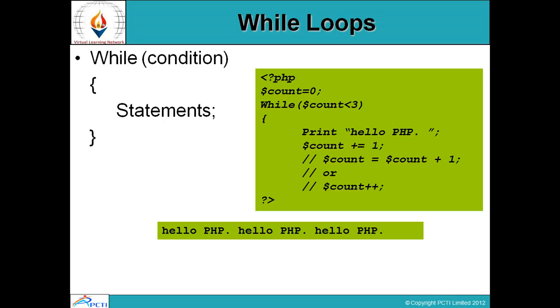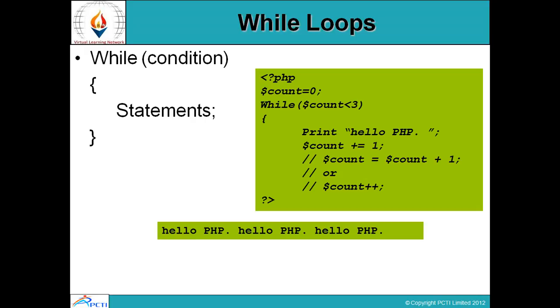Now let us learn how to use a while loop in PHP. While condition: until this condition is true, the statement will keep on repeating. Right? Suppose I am taking an example. Question mark PHP, dollar count is equal to 0, the initial variable value is 0, while count less than 3.